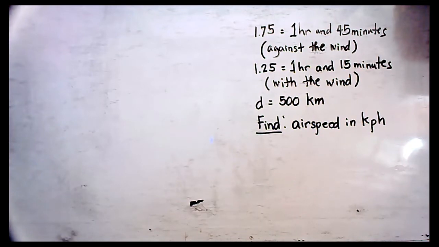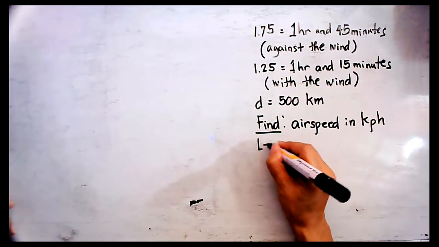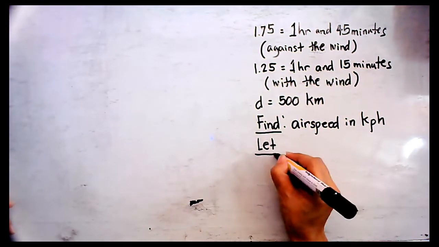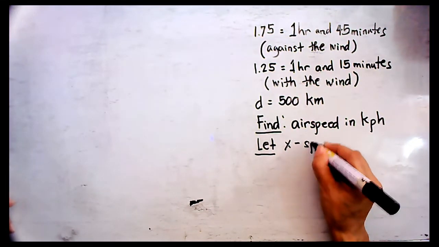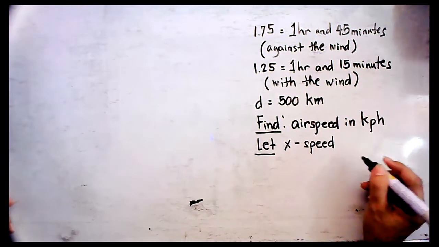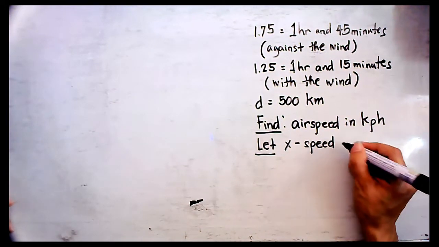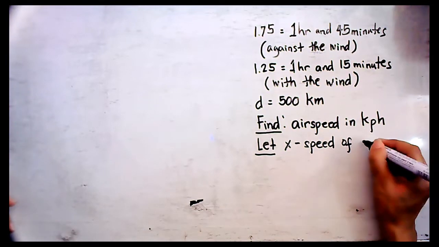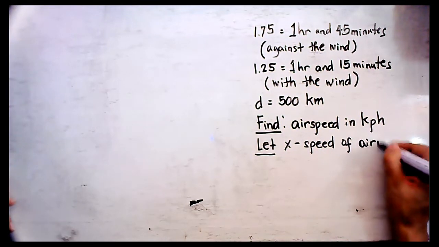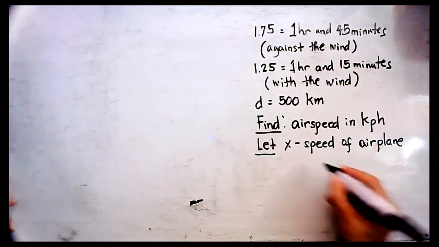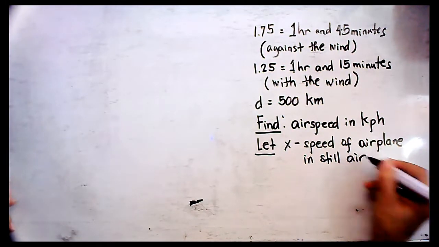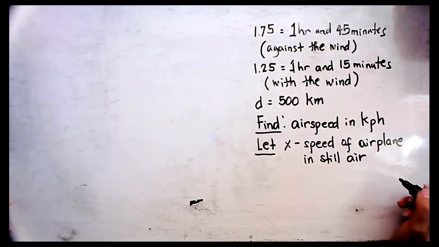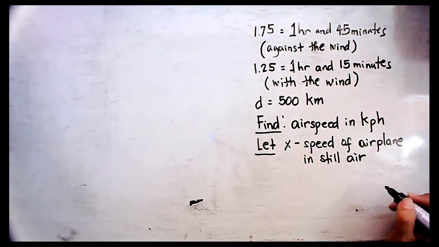So before we start with our solution, let us represent some variables here. If we are going to let x be the speed of the airplane in still air, meaning we are not considering whether it is traveling against the wind or with the wind.